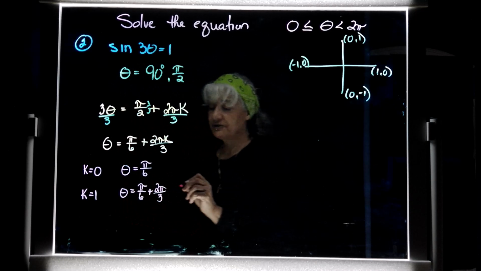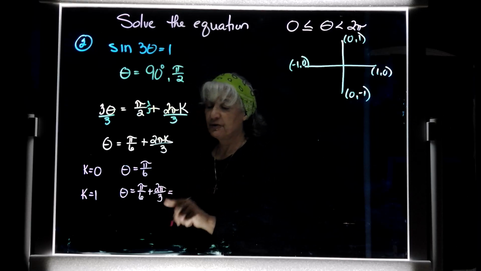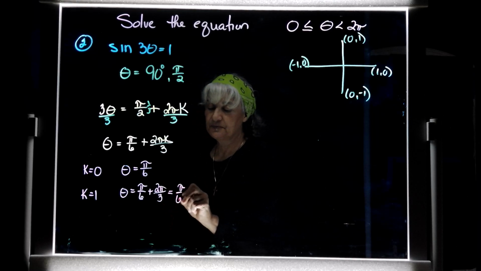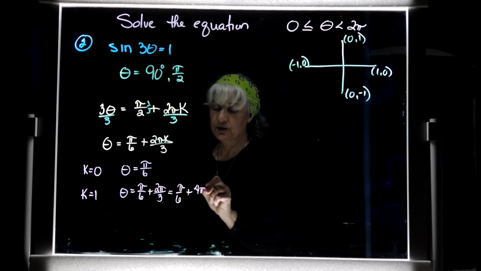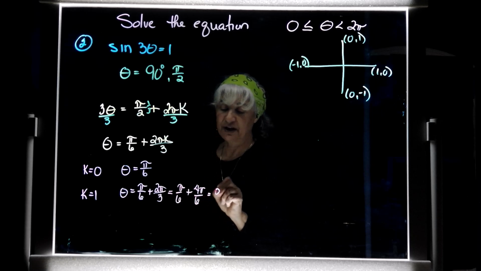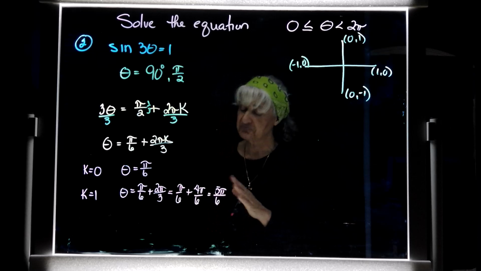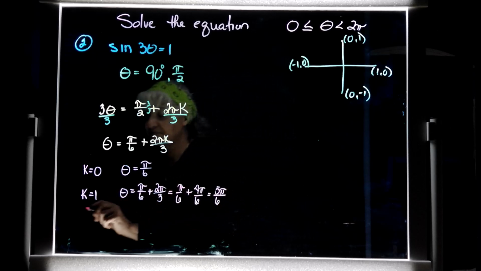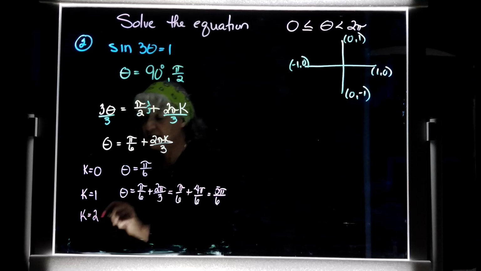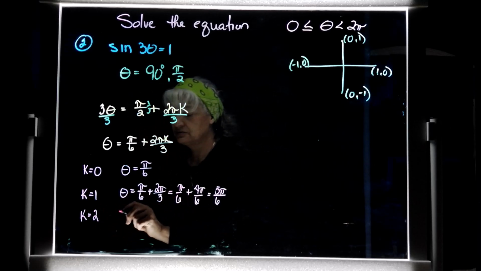Okay, common denominator. Yeah, that'll be 4 pi over 6, won't it? Which, when you add it, will give you 5 pi over 6. All right, still good there. No problem. How about k equals 2?